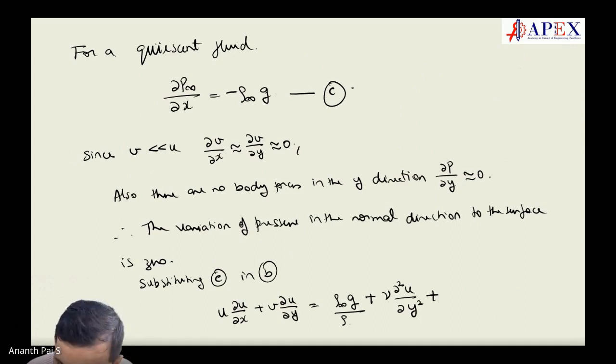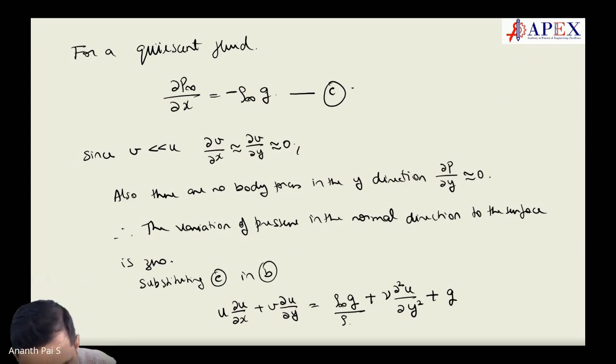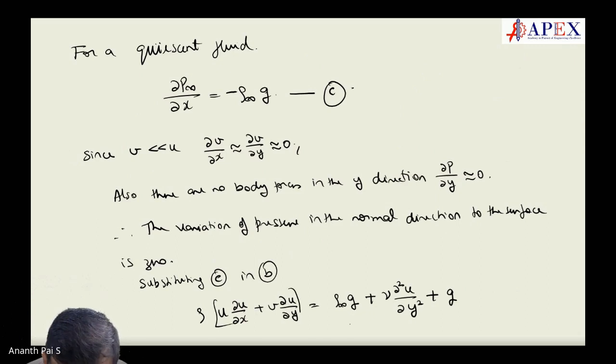Plus, multiply again by rho. Okay, let us do one thing. We will multiply here rho. That would be better. Let me have here mu. That is better, into rho g. Okay, that way we will do.